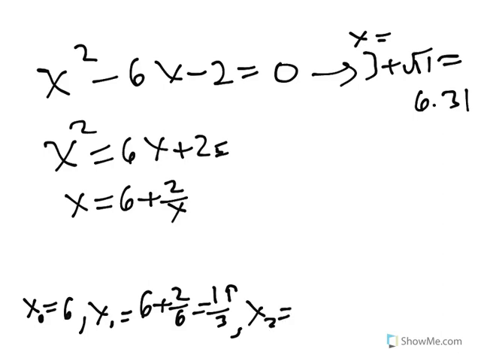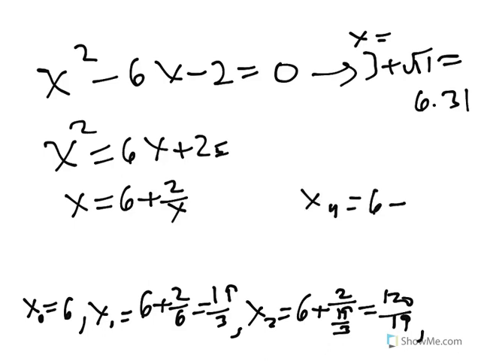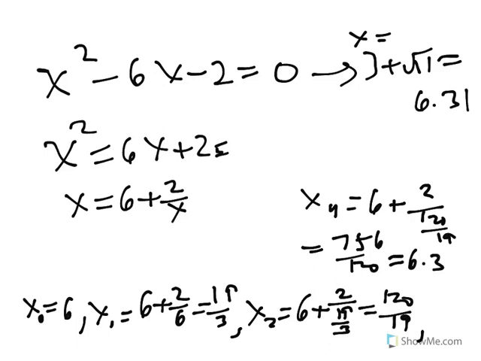The third one is 6 plus 2 over 19 over 3, which turns into 120 over 19. And the fourth one is 6 plus 2 over 120 over 19, which ends up being 756 over 120, which is about 6.3.